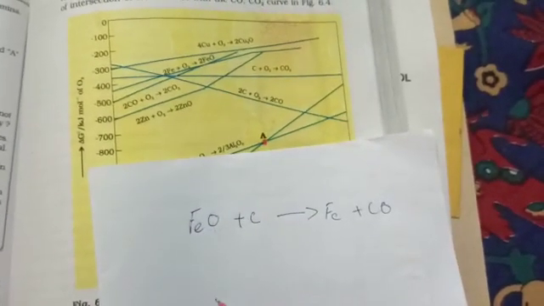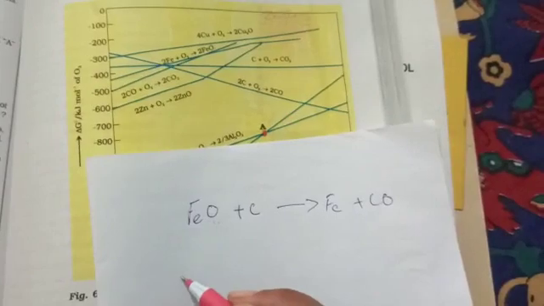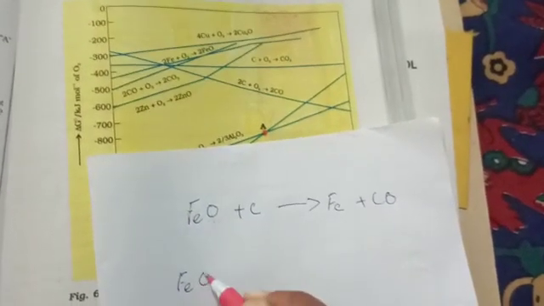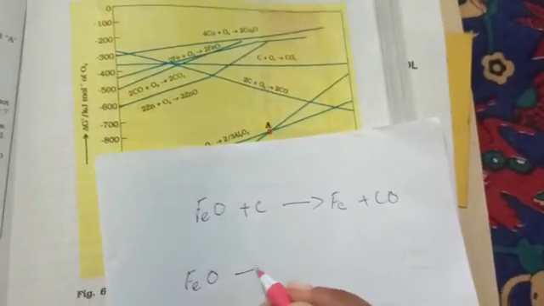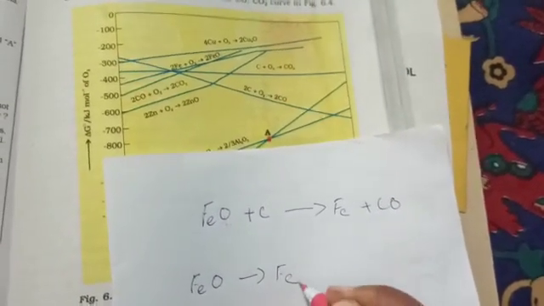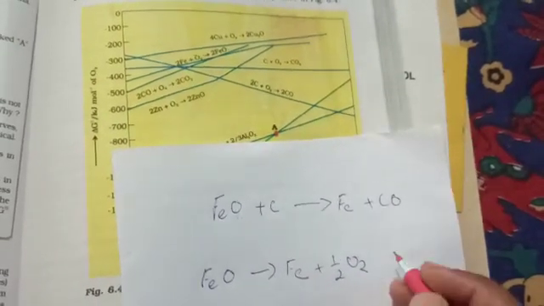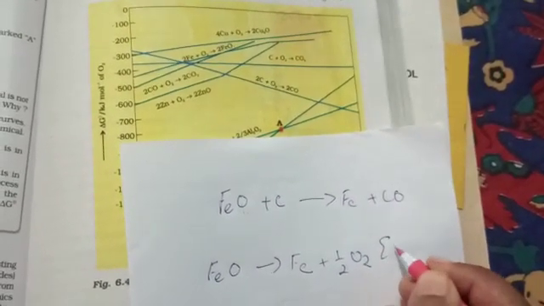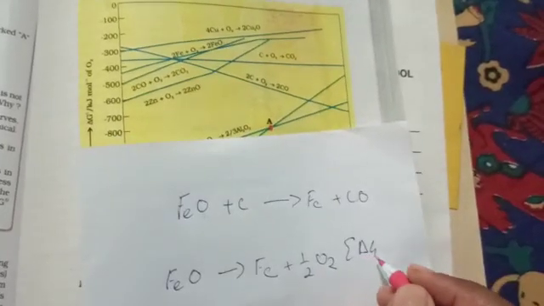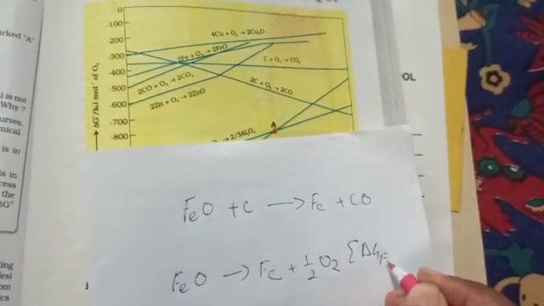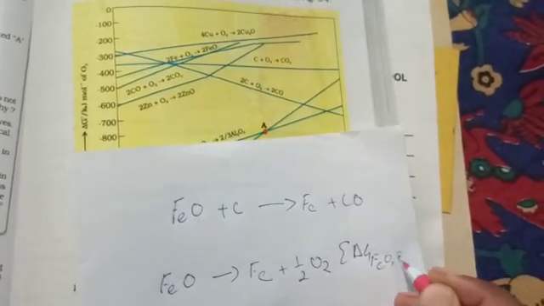This reaction can be broken down into the following two reactions. First, iron oxide FeO gives Fe plus half O2, and the delta G value for this, let it be for FeO and Fe.